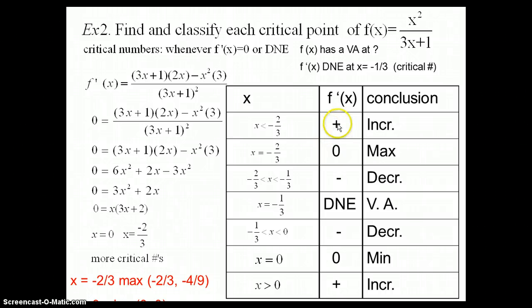So our derivative changed from positive to negative, so I know I have a max here. Right here in this interval, right here, this critical point, it stayed negative to negative, so I know it's not a min or a max. In fact, we know it's a vertical asymptote there. And then here, the derivative changed from negative to positive, so I know I have a min there. So that's how you find and classify your critical points without having to look at the graph.